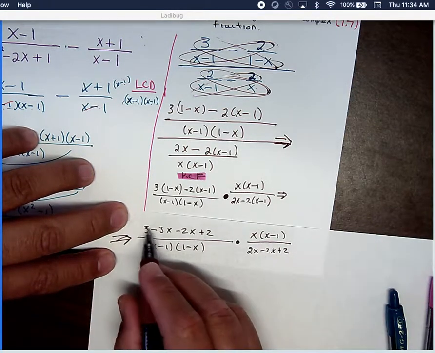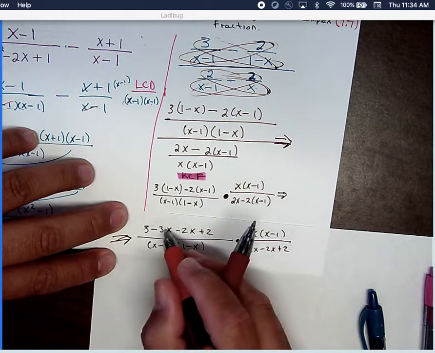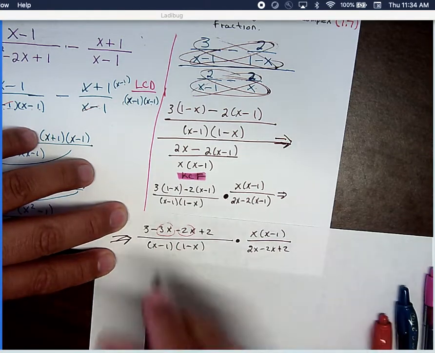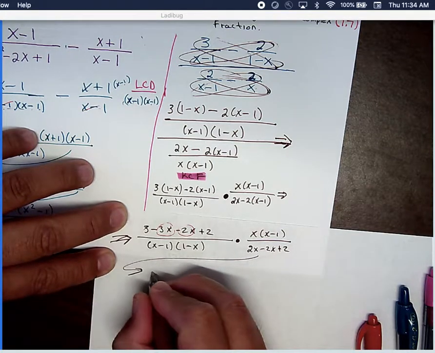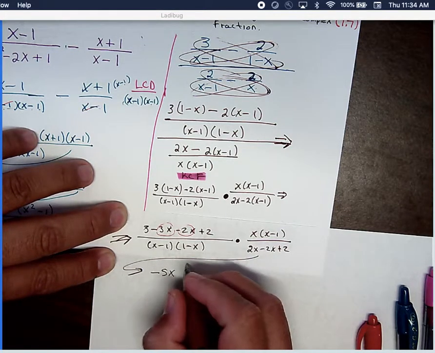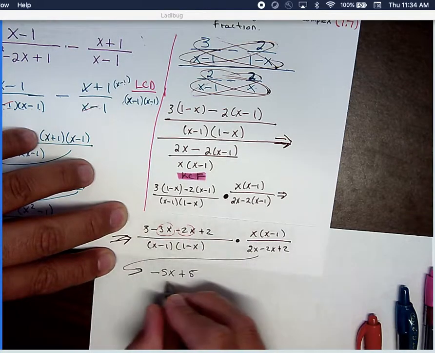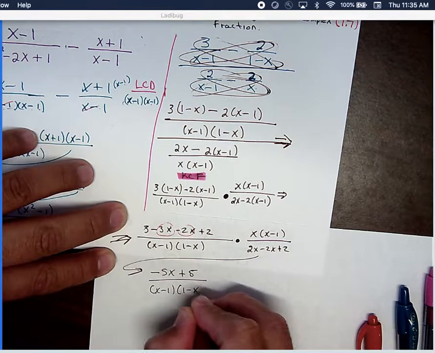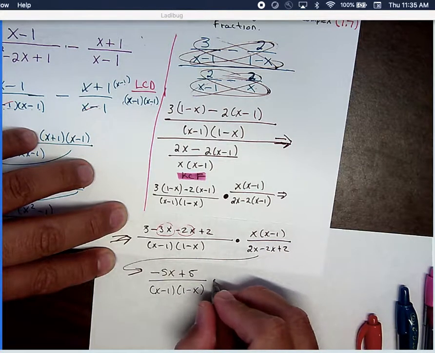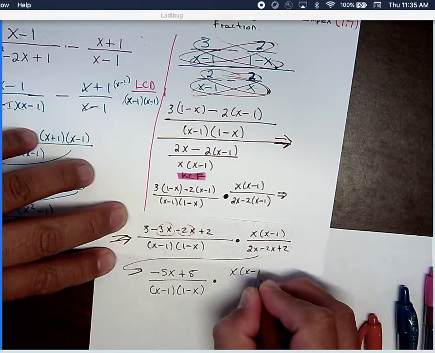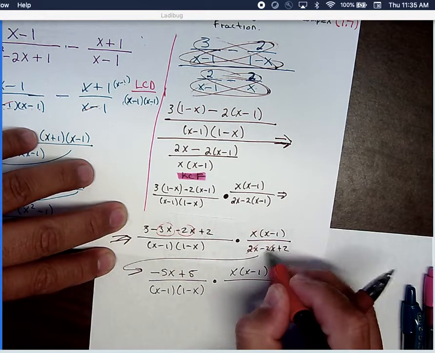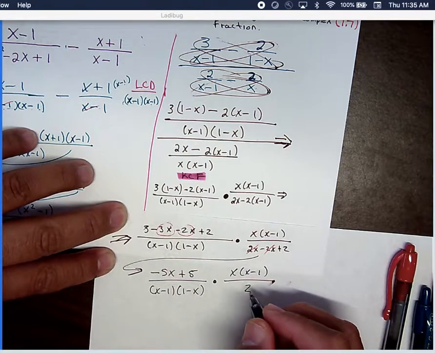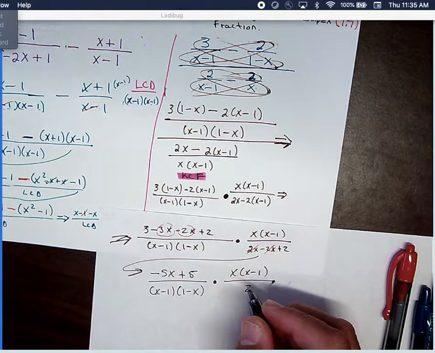So from here, let's combine like terms. So this and that. So that would be negative 5x plus 5 over x minus 1 minus x times, and then x minus 1 over 2. These 2 cancel out. So we have a 2 left here.